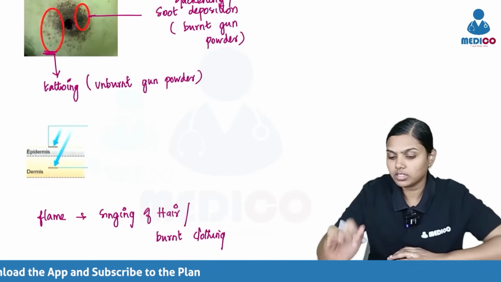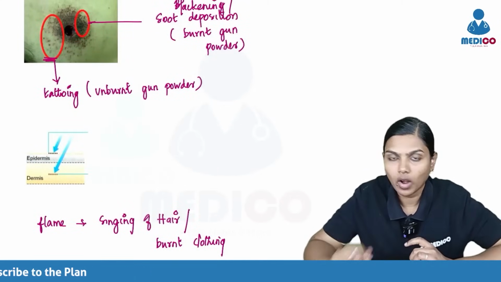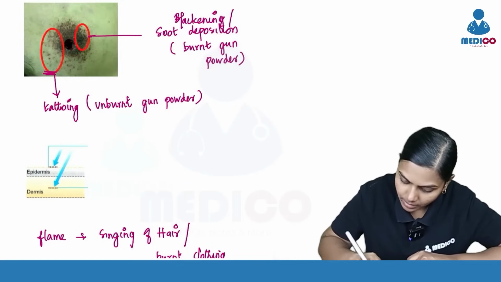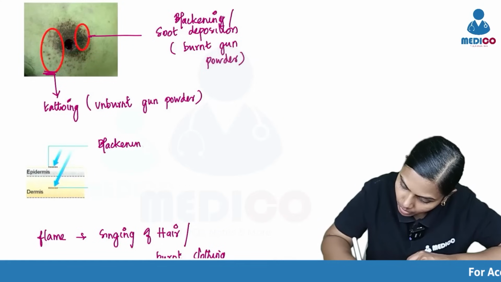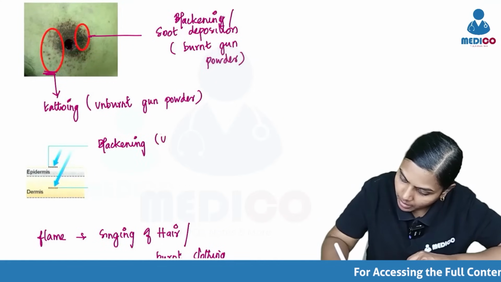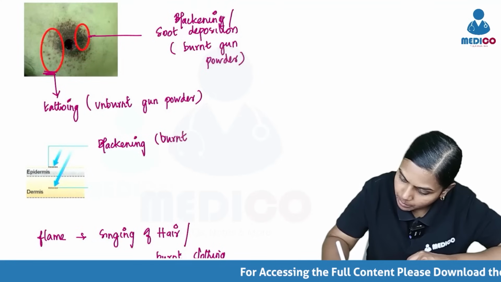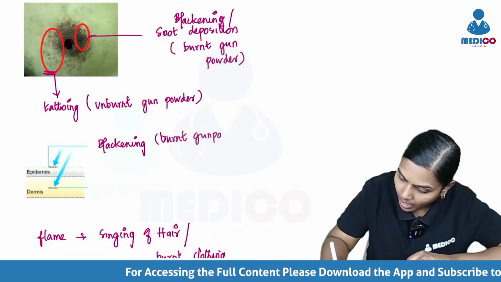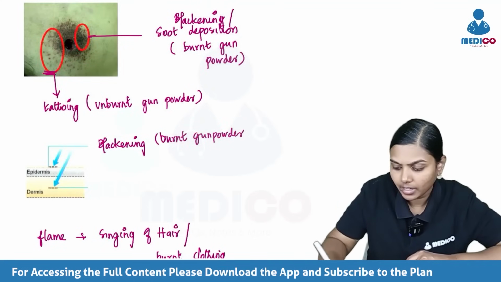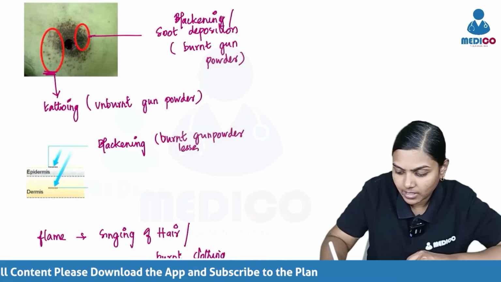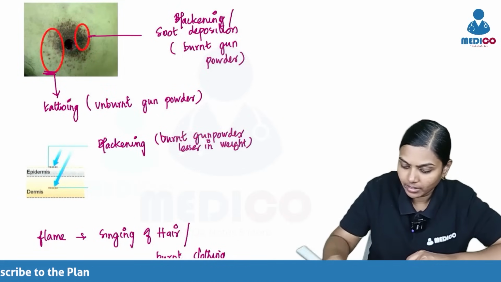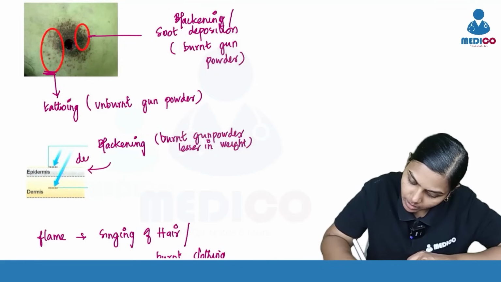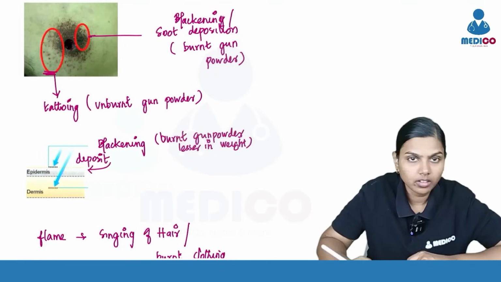Now, in this tattooing and blackening, there is one more difference. See, this blackening is basically burnt gunpowder, right? It is burnt gunpowder, and it will be lesser in weight, so it will deposit in the epidermis. Clear?